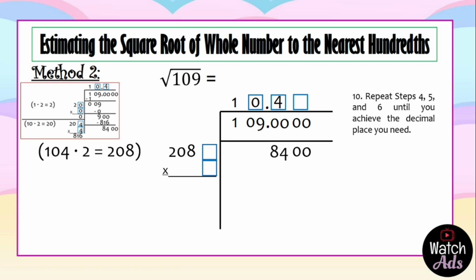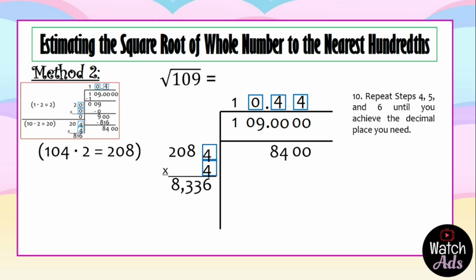Since I know that there are 4 2,000s in 8,000, I'm going to try first the number 4. It's going to give us 8,336, which is quite close to 8,400, and I guess this is the correct answer, but let us try 5. Now 5 gives us an answer that is greater than 8,400. So we are going to continue with 4.